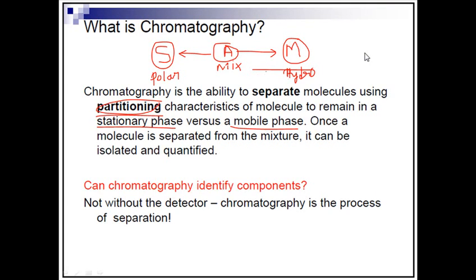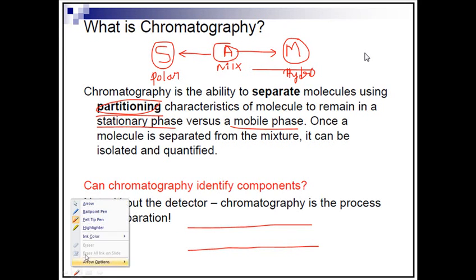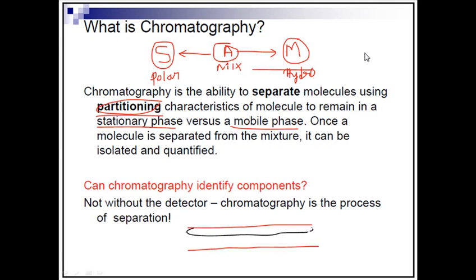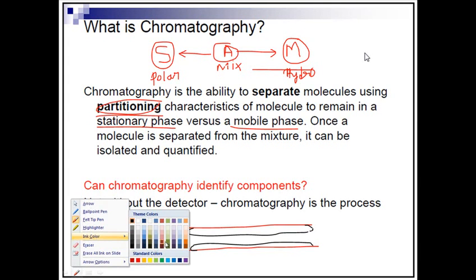Now in a nutshell, if we talk about this system, what is it? It is simply a tunnel. Think about a tunnel, and in this tunnel we have a stationary phase. Let me change color for the stationary phase. Let's pick black to denote the stationary phase. So you have the stationary phase here and here, in both these places, and let's change the color to green for the mobile phase.